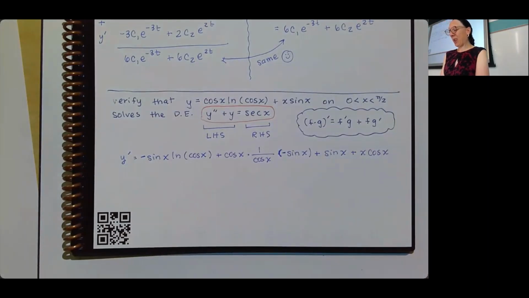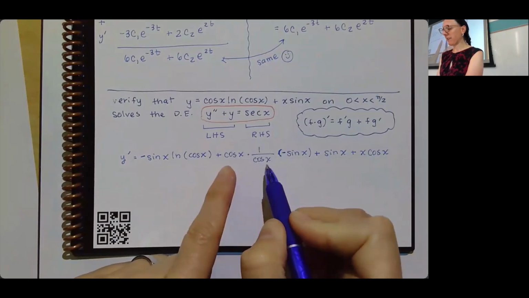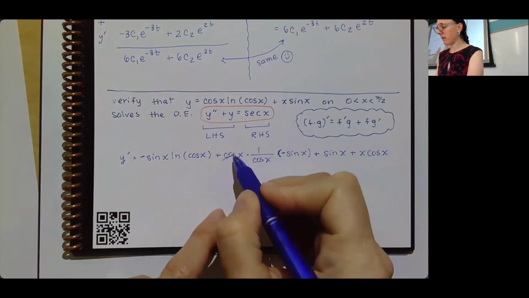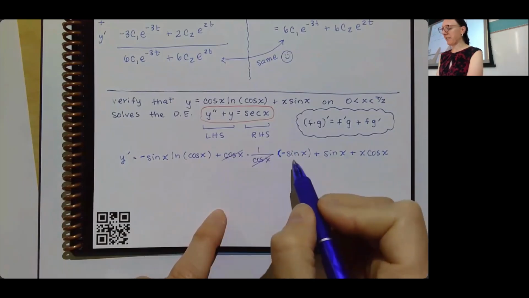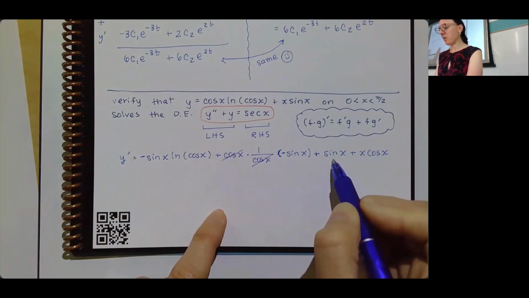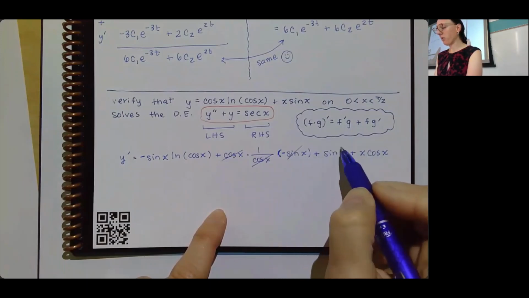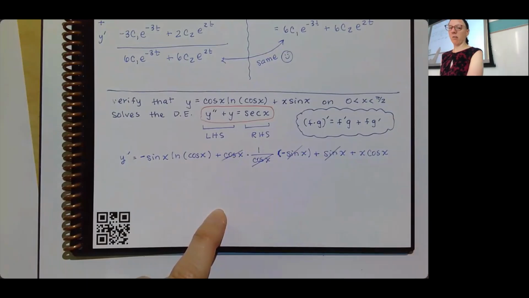There's not a whole lot that we can simplify here, but the one piece that I can definitely do is the cosine of x over cosine of x will cancel. And then this piece is negative sine of x, and I have a positive sine of x. So those will both go away as well.